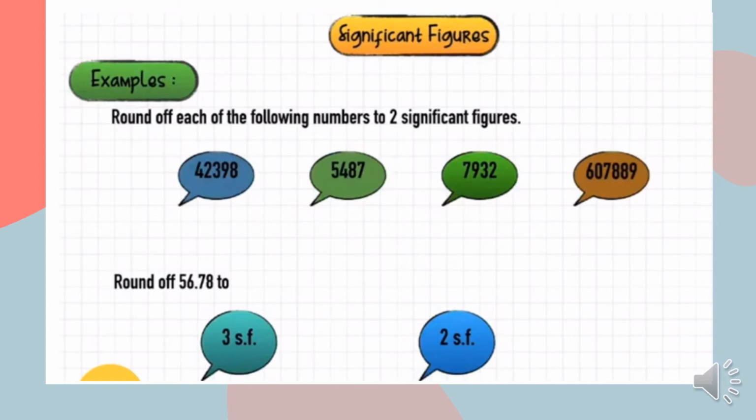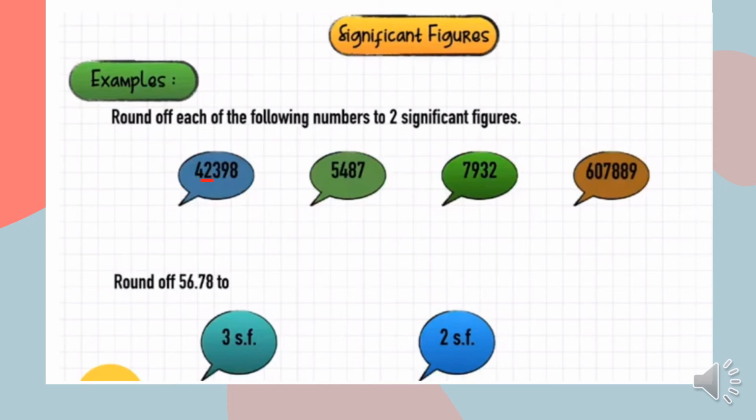So the first thing is that you underline the second number, and then it is similar to your prior knowledge: you know that if the next number is higher than 5 or lower than 5, you either plus or minus, or just make it stay. Okay, for example, 42,3xx. The next number is 3.